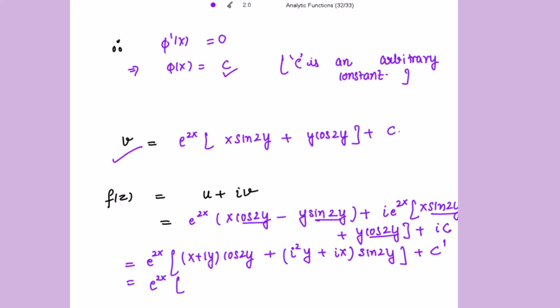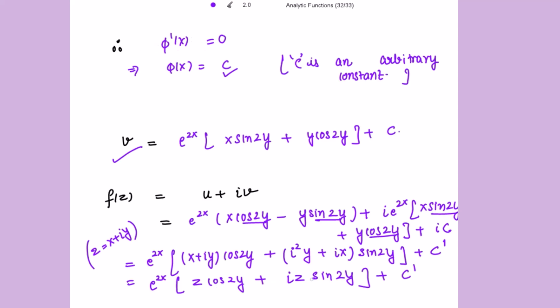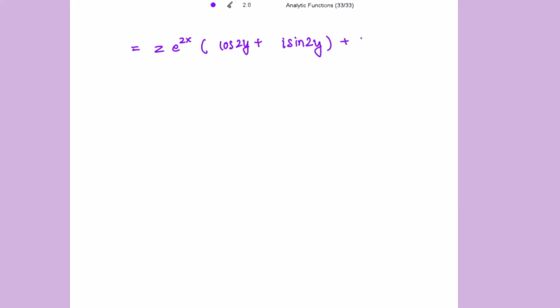Okay. Next step, e^(2x). What is x plus iy? This is z. z is equal to x plus iy. So writing x plus iy as z, this is z cos 2y plus, taking i common, I get x plus iy, that is again z. So this is iz sin 2y plus C'. And now taking z common from here, this is equal to z e^(2x) into cos 2y plus i sin 2y plus C'.